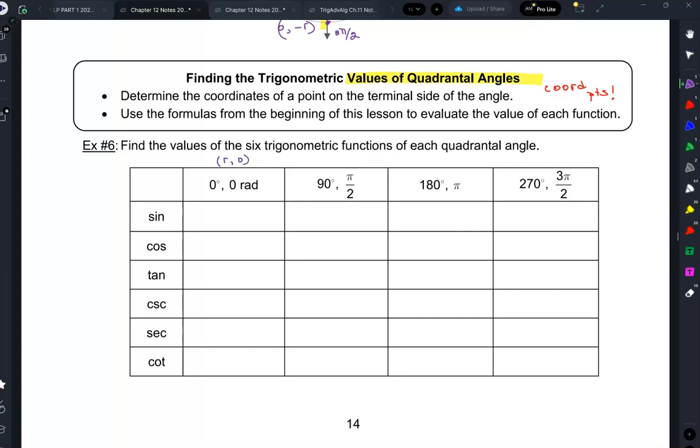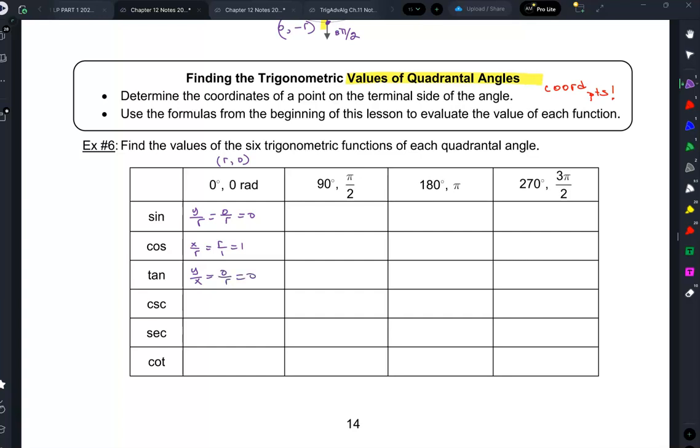Okay, so for 0 degrees, we just said the coordinate point is r comma 0. So sine of 0, if it's y over r, then that's 0 over r, which is 0. Cosine is x over r, well, x here is r, r over r, which is 1. Tangent is y over x, 0 over r, which is 0.